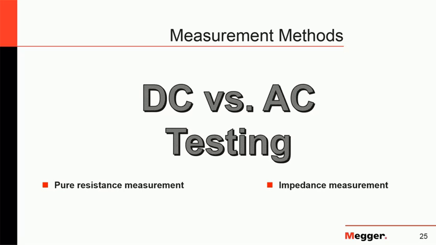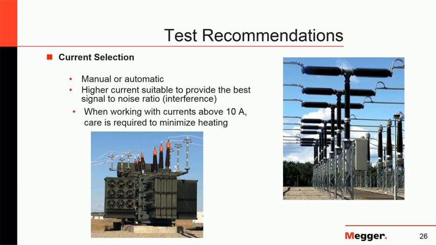First, when choosing the current we're going to use to take our measurements, we should always try to select the maximum or the highest current available based on the rating of the equipment we're testing, and also, very important, we should take extra care to ensure the test current would not cause an increase in temperature of the conductor under test, because that change in temperature will influence the resistance measurement we are trying to do.